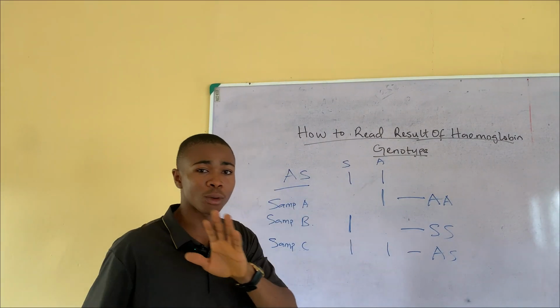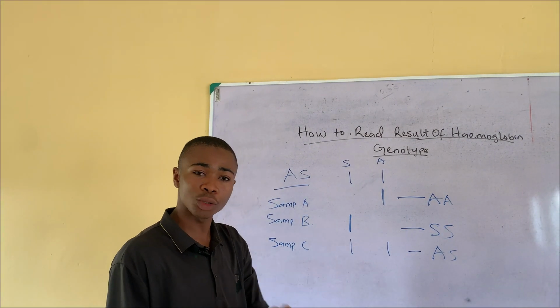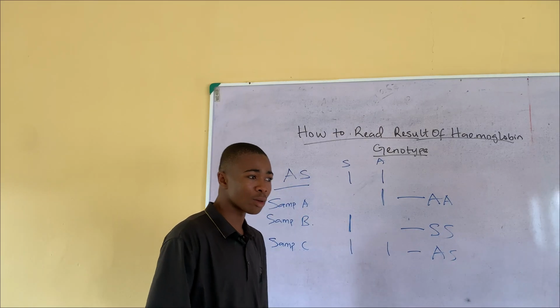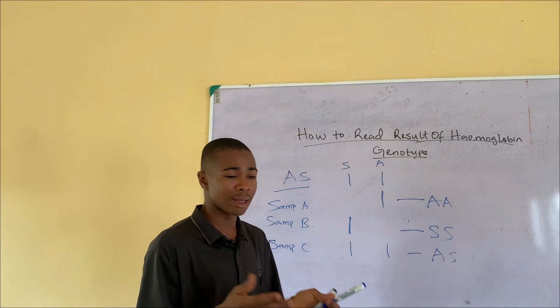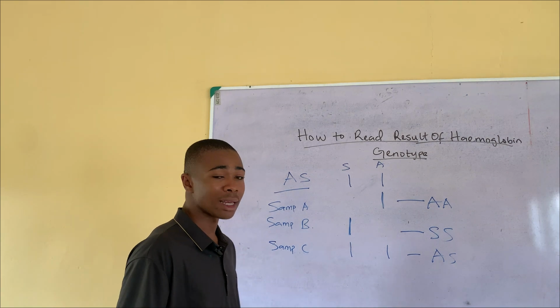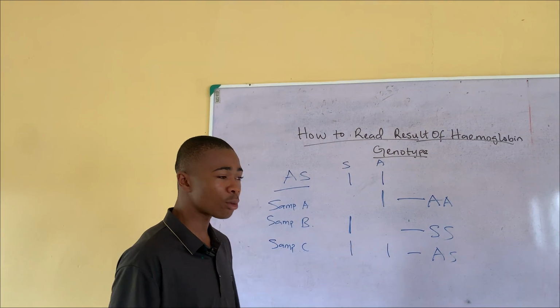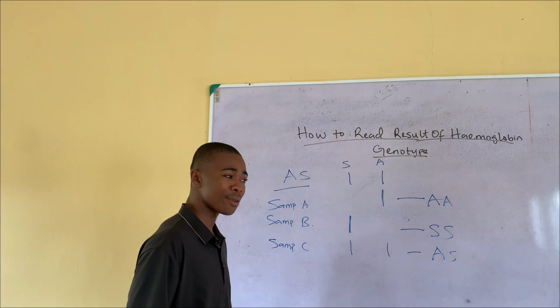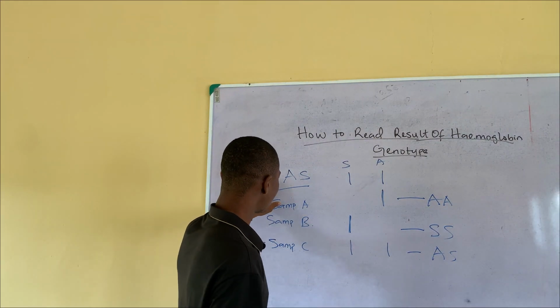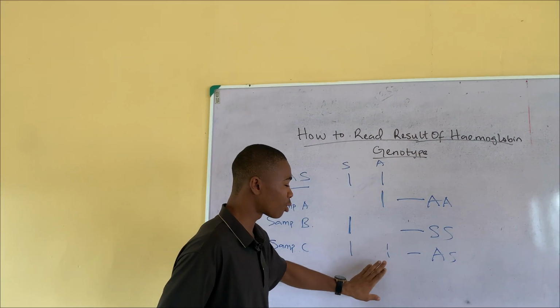So you can have other various sample controls such as AC. I earlier said AC is a known hemoglobin genotype, but they are rare. We will even have other hemoglobin genotypes such as AE, with E as a variant. So this is how to read the hemoglobin genotype.